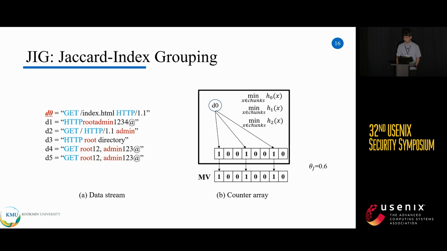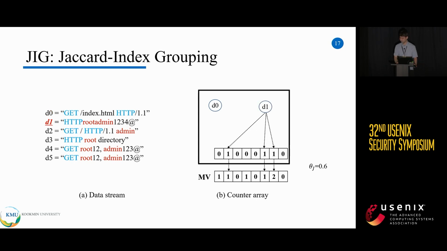When the first data D0 comes, we encode it into the MV. In this slide, the 3 hash functions of MinHash determine the 3 positions that are increased by 1 respectively. When the second data D1 comes, MinHash determines the 3 updated positions too.